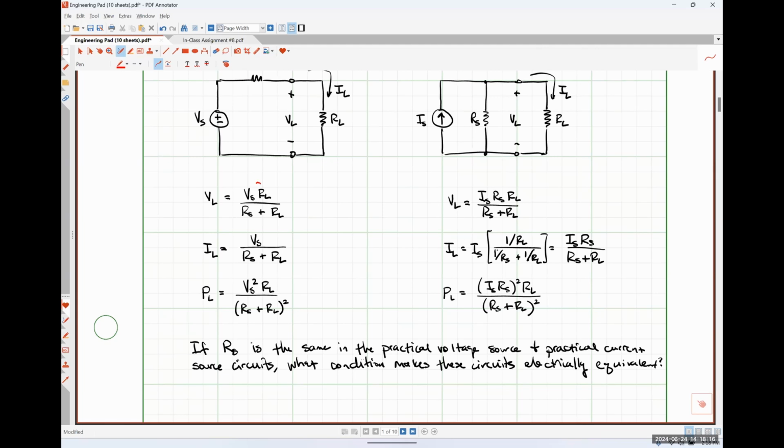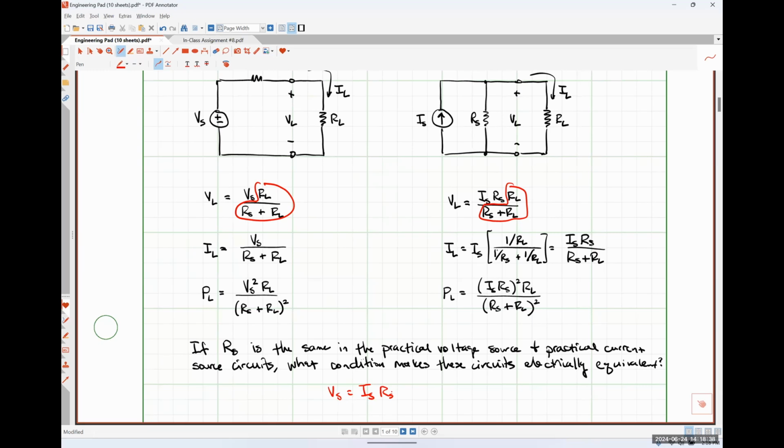So if we look here at the voltage, we have this RL over RS plus RL, and we have this RL over RS plus RL. So these things will be exactly equal to each other when VS is equal to IS times RS.